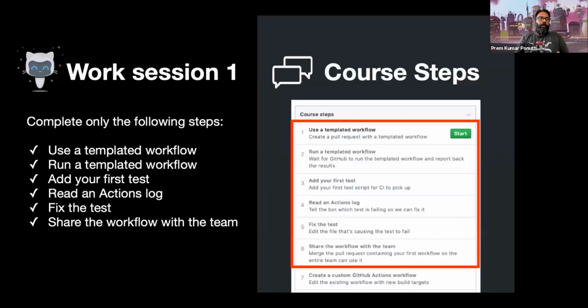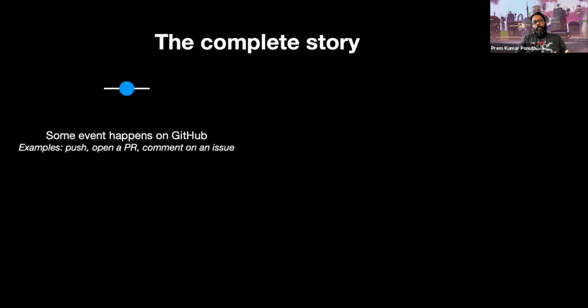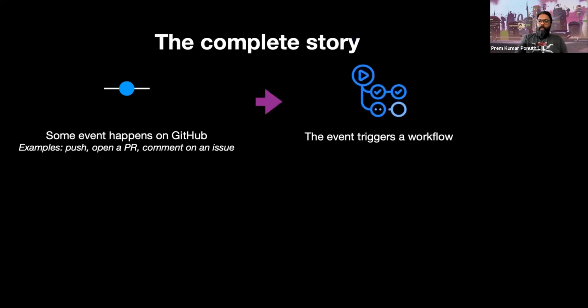And for the first part of the work session, we have completed the first 6 steps. And the first 6 steps, if you were to look at the complete story, what happened was there were some events that were happening on GitHub. So these events were your push events, or you opening up a PR, or commenting on an issue, right? And those events triggered a workflow.